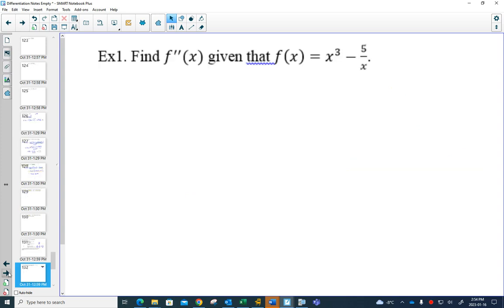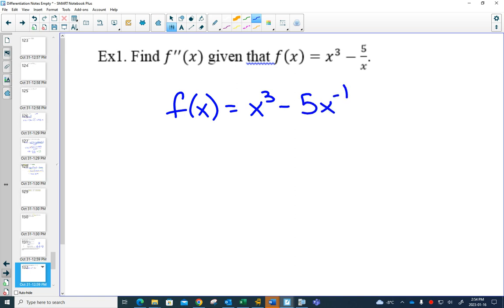So, if f of x is this, probably the first thing you would do in this one is say, I would like to change this to look like a form that's easier. Or if you just love the quotient rule, I guess you could do the quotient rule on the second part.